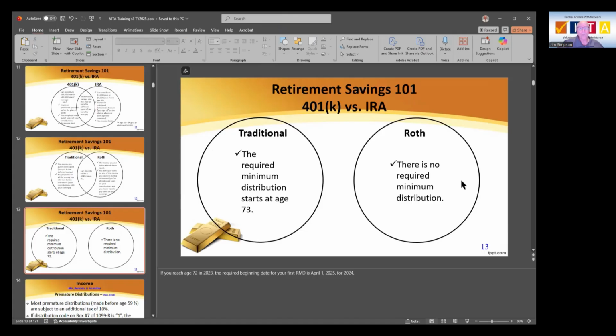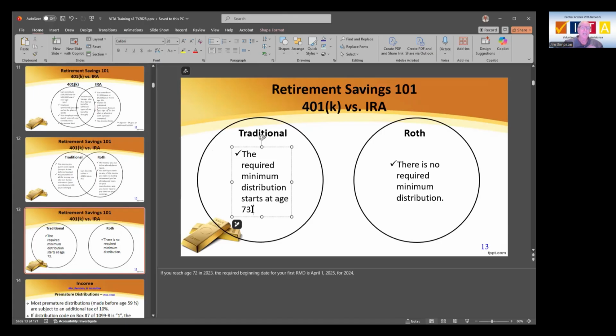It's based on your age. You don't have to start until you're 73, but then it's based on your life expectancy. So if you've got a lot of money built in there, at 73, if they think you're going to live to be 88, they want you to take out enough money to draw it down by 88. And that can be a big chunk of money sometimes.